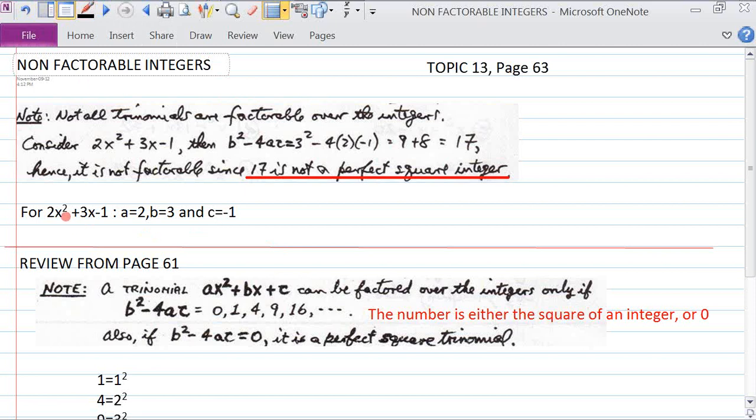Okay, so in this case, a is 2, b is plus 3, and c is minus 1. And then we work out b squared minus 4ac, which becomes 3 squared minus 4 times 2 times minus 1. So this becomes 9 plus 8, which is 17. It's not factorable using integers, since 17 is not a perfect square.